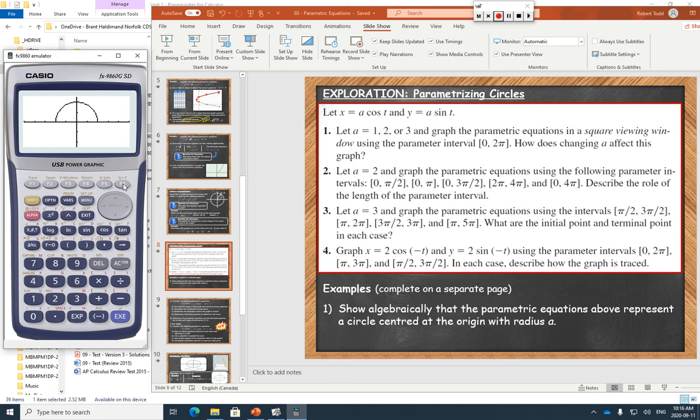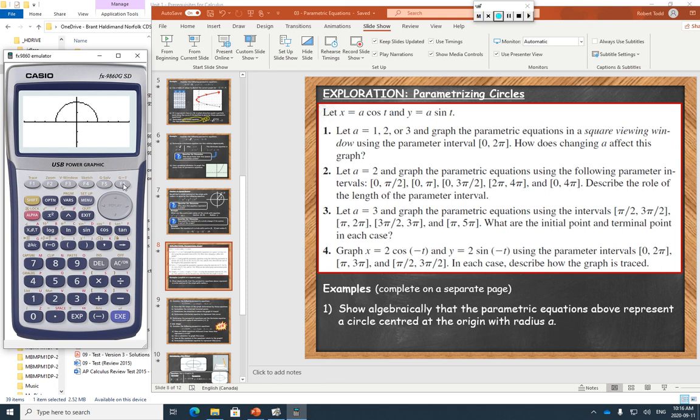V window. I'm going to try -10 to 10. Oh, look at how small the y's are. For whatever reason, I don't know why they got so small. -10 to 10. Exit, draw. Oh, still not there. Okay, let's try this then.